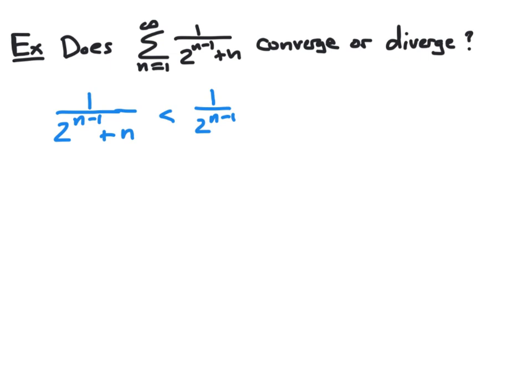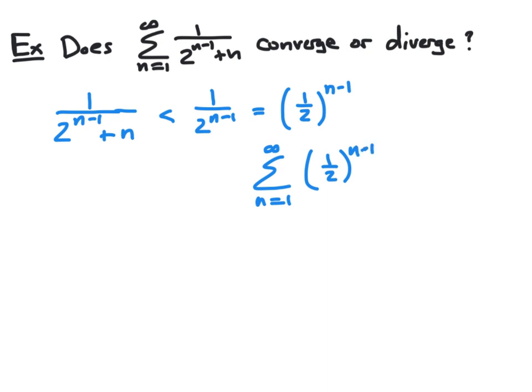And 1 over 2 to the n minus 1 can be rewritten as 1/2 to the n minus 1. Now, we know that the sum, n equal 1 to infinity, of 1/2 to the n minus 1 is a geometric series, and this is going to converge because our ratio, which is 1/2, in absolute value, is less than 1.